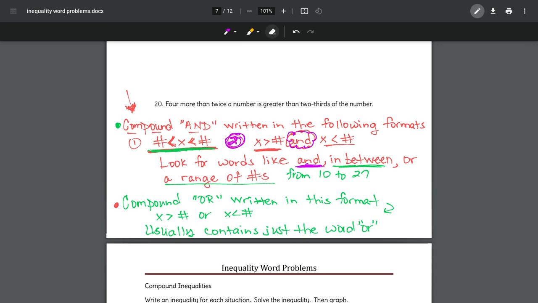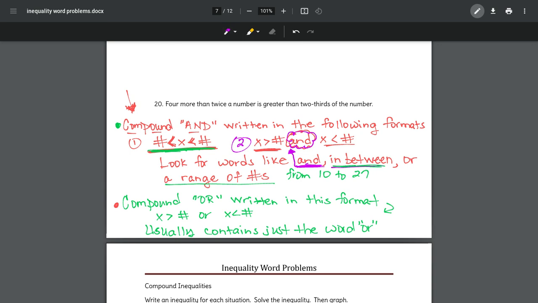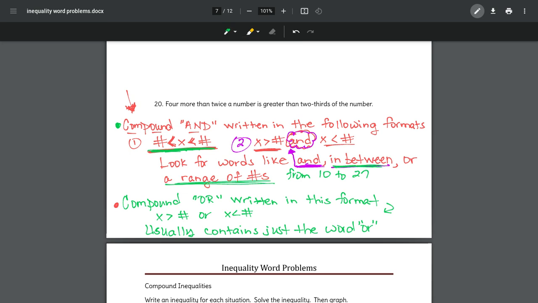It's format number two. Let me put that in purple so it's not all scribbling. I'm just trying to color code it. So if you see the word and, then use that format. But if you see again words like in between or a range of numbers, use format number one.